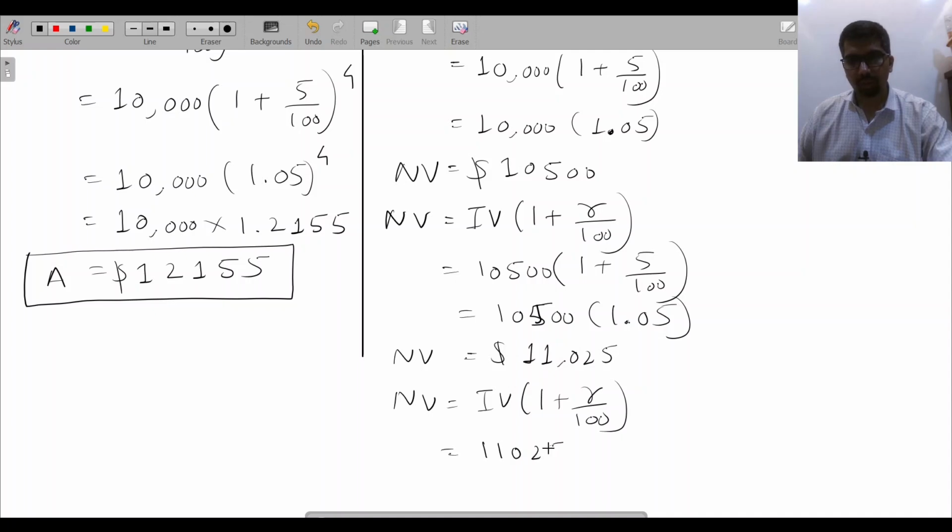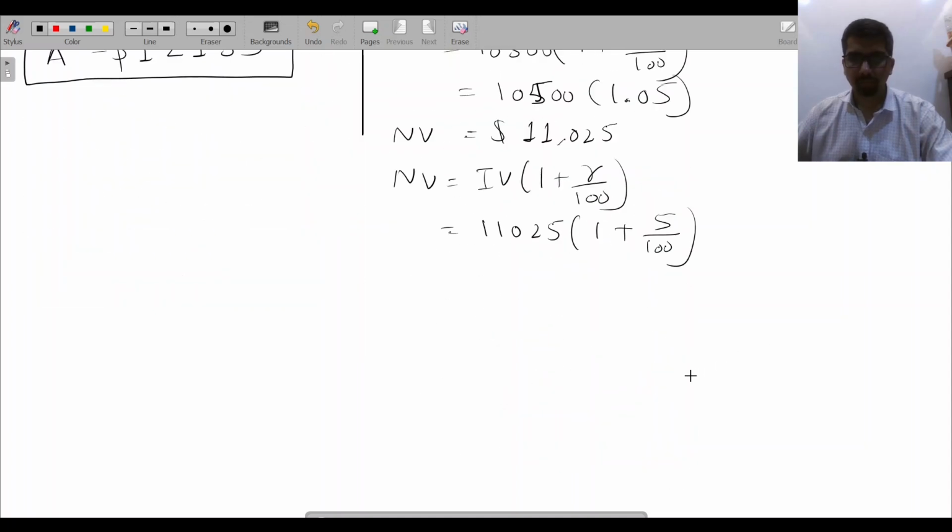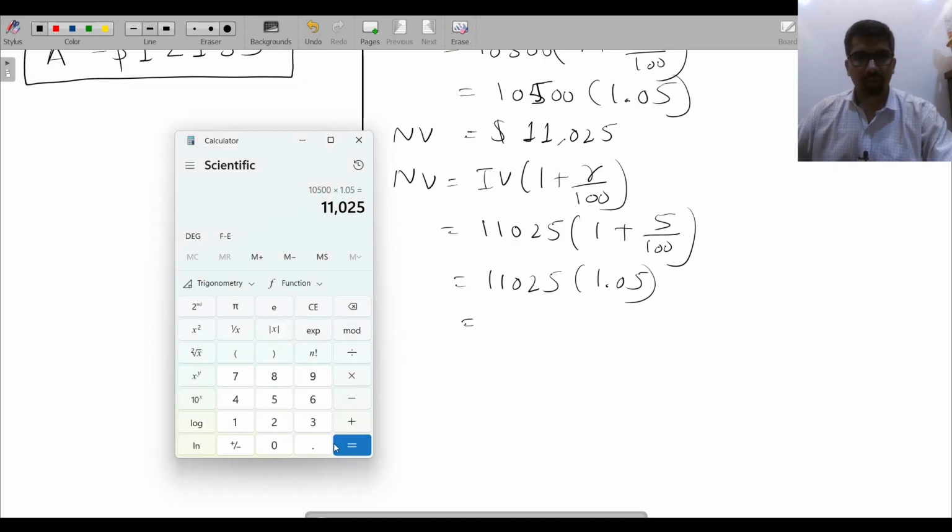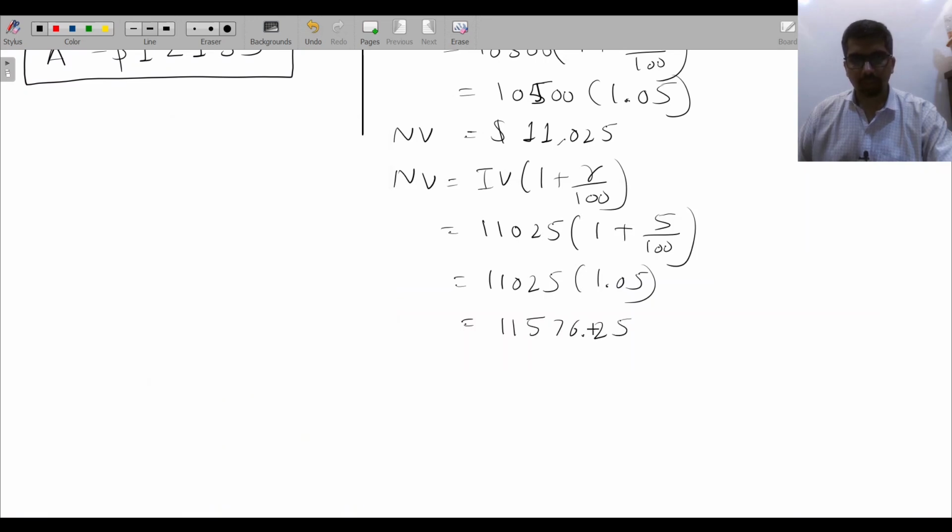The initial value is 11,025 times 1.05, which gives 11,576.25. This is the value at the end of the third year.